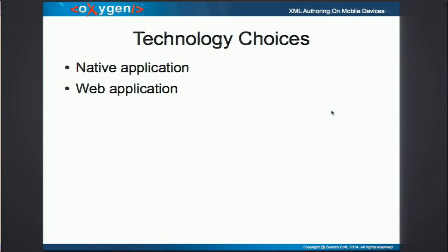Plus, a native application limits you to distribute it only through an app store, while a web application is available directly to users. Also, having a web application allows you to send a URL to someone and they just click a link and they have that document already in front of them, ready to be edited, reviewed, or whatever.